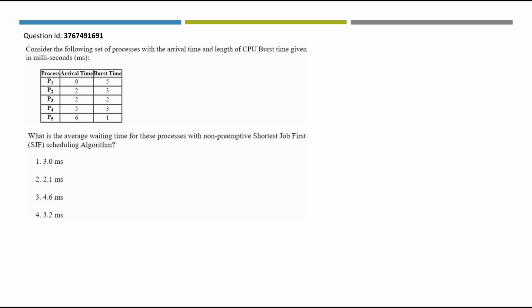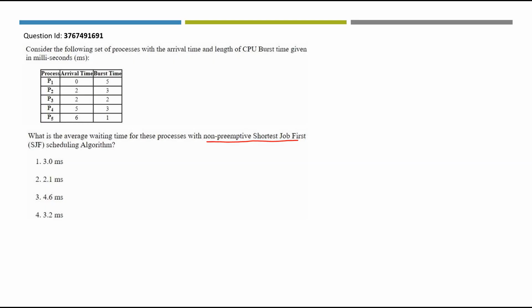Next question. What is the average waiting time for these processes with the non-preemptive shortest job first SJF scheduling algorithm? What is actually non-preemptive? When P4 is executing, P5 is entering with 1 burst time. If they say it's a preemptive SJF, immediately the control moves to P5.